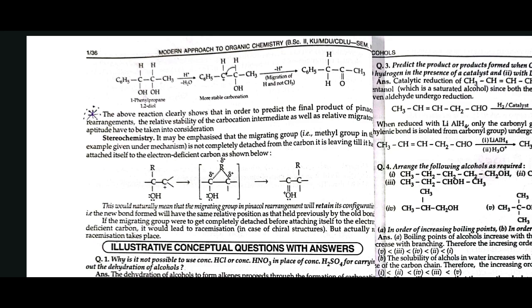That is, the new bond formed will have the same relative position as that held previously by the old bond. If the migrating group were to get completely detached before attaching itself to the electron deficient carbon, it would lead to racemization in the case of chiral structures, but actually no racemization takes place.